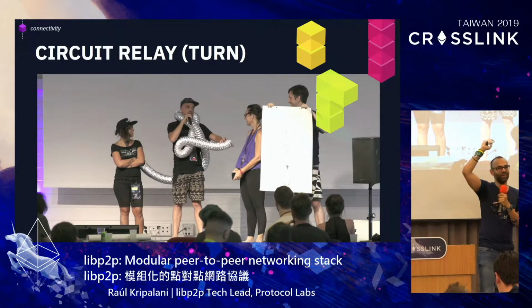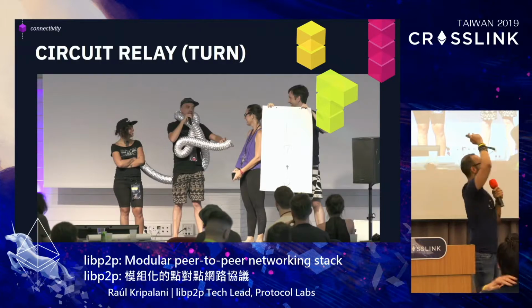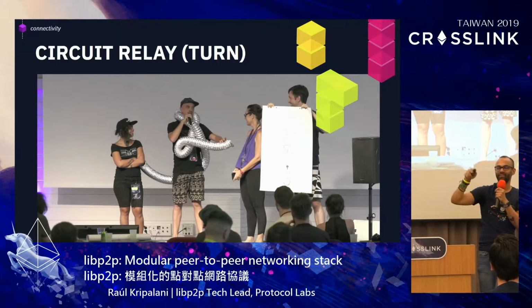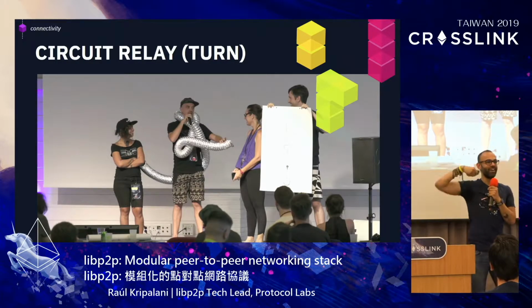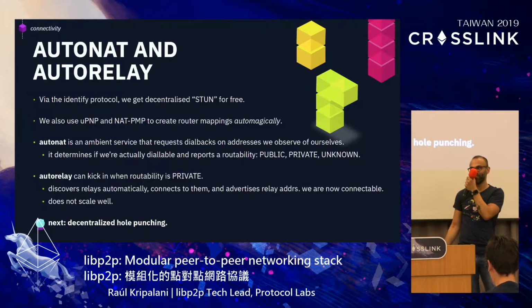And this is a picture from IPFS camp in Barcelona a few months ago, and that's Kumavis and people from the MetaMask team, who probably have seen them before, and they basically got this pipe around their neck and kind of portraying what relaying looks like. It was a very cool exercise.